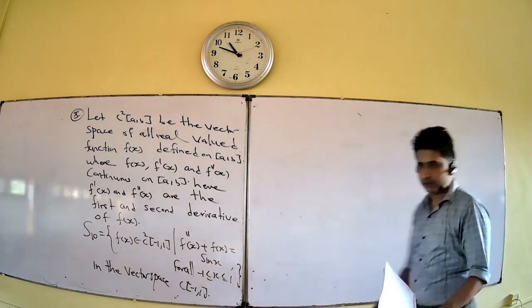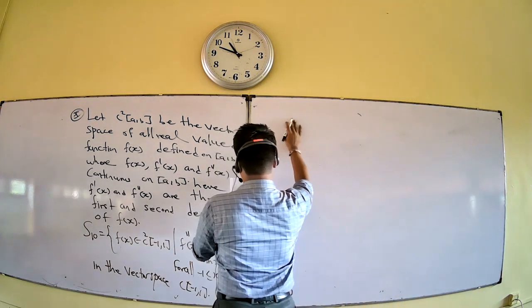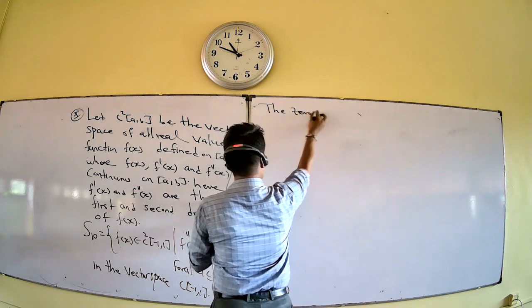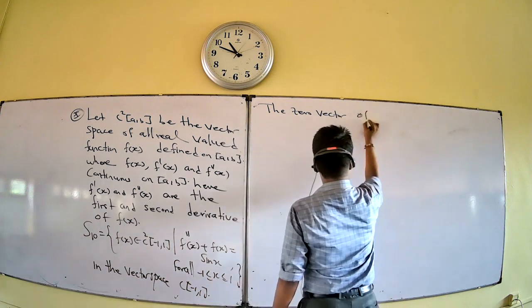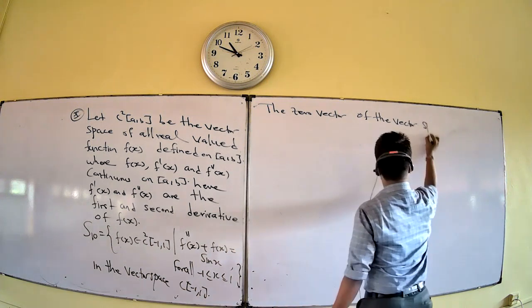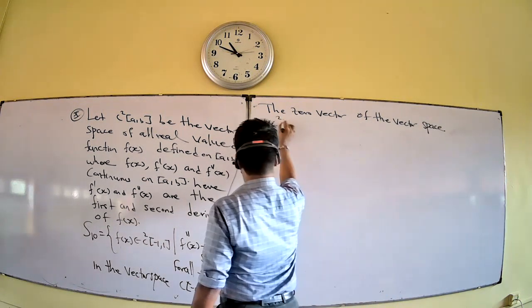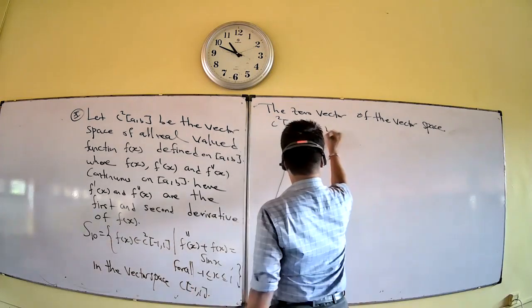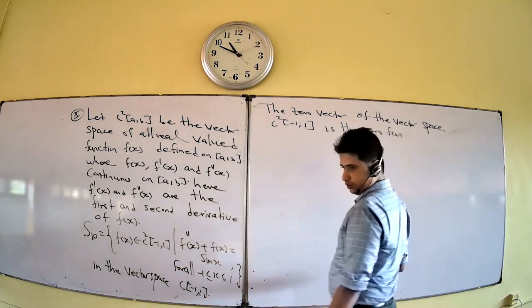You consider the zero function, then the zero vector of the vector space C squared of minus 1 plus 1 is the zero function, no?